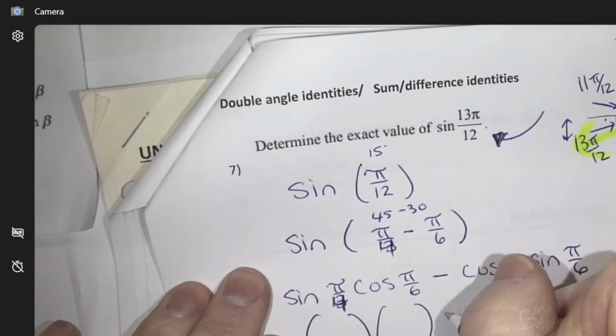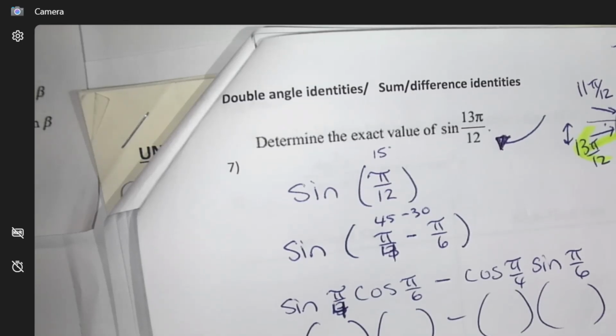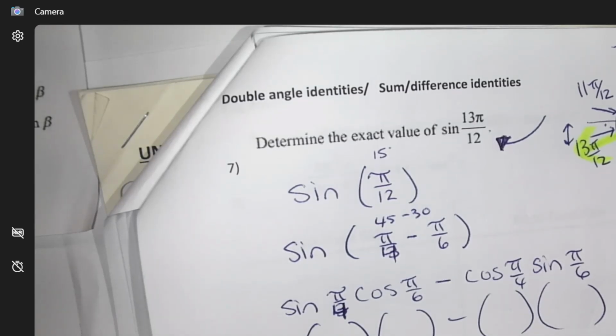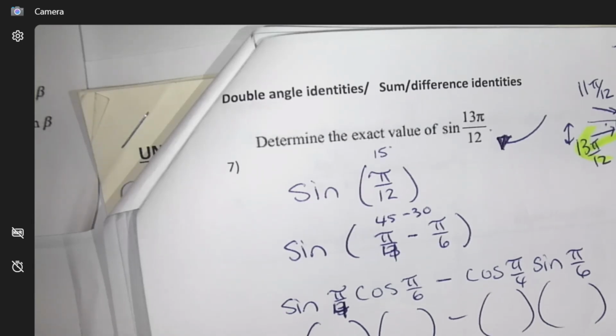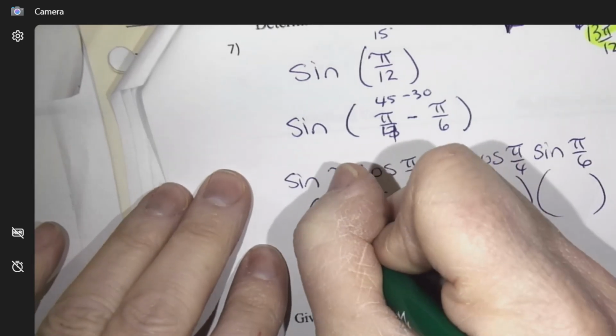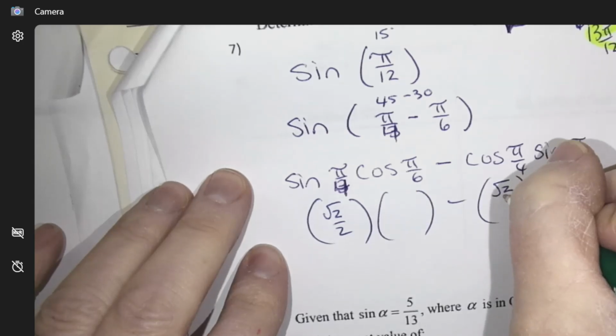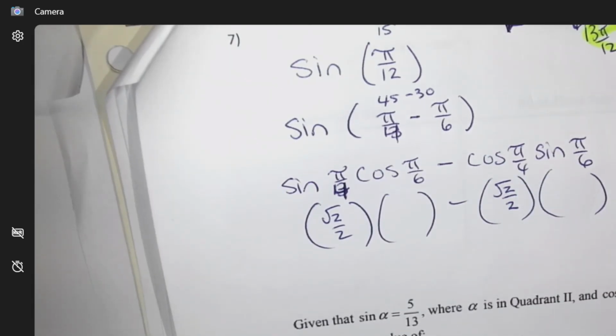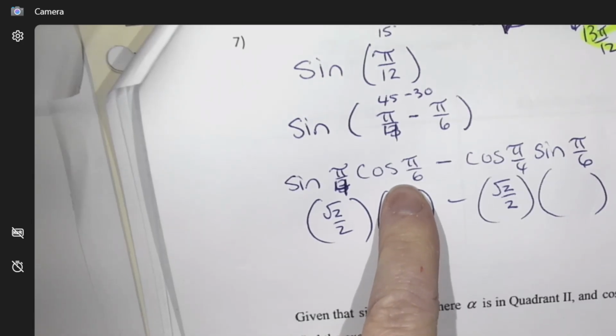I'm going to get 4 brackets. And I'm going to replace those with exact trig values. Okay, when I do this, I kind of cheat a little bit, and I just put the 45s in there. Because what is the cos or sine at 45? Root 2 over 2. Root 2 over 2. So this is 30 degrees.